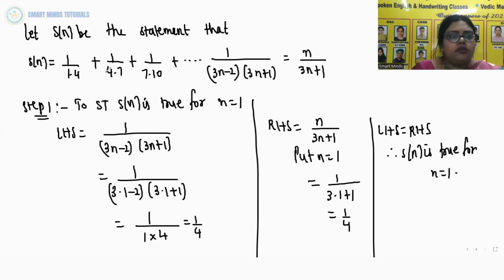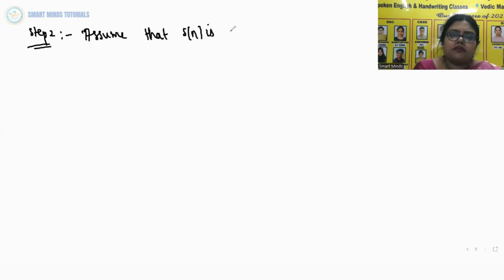Now we shall move on to step 2. So step 2 is assume that S of n is true for n is equal to k.